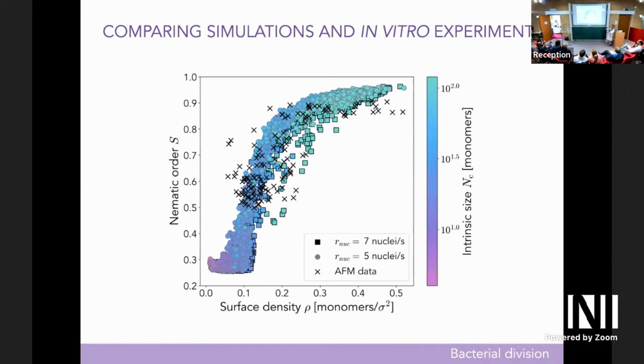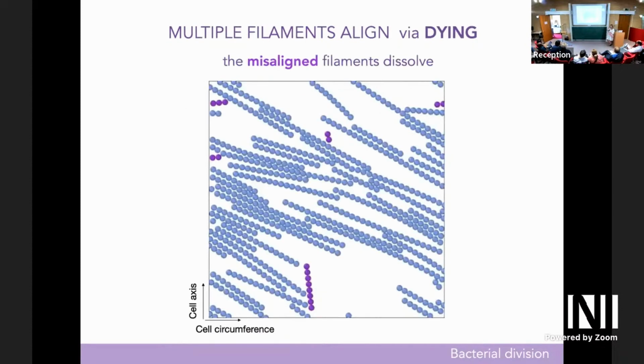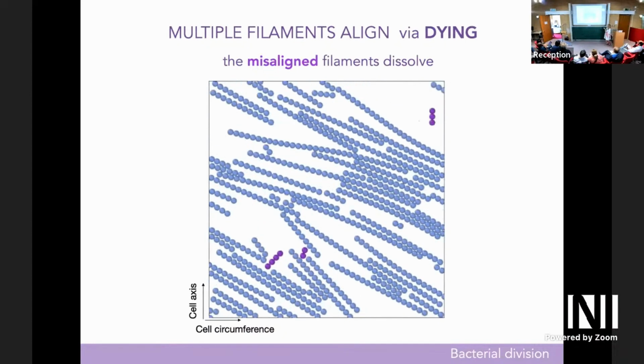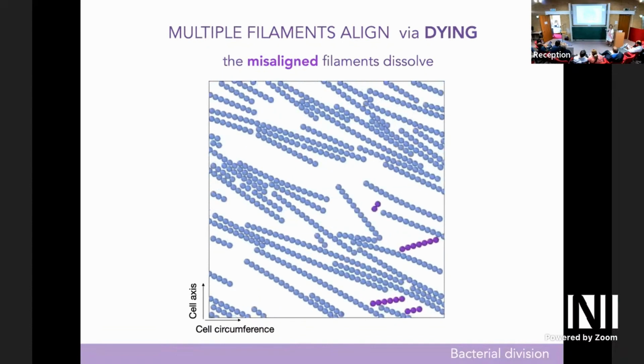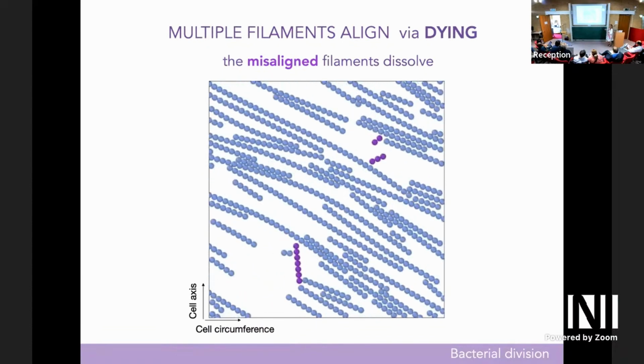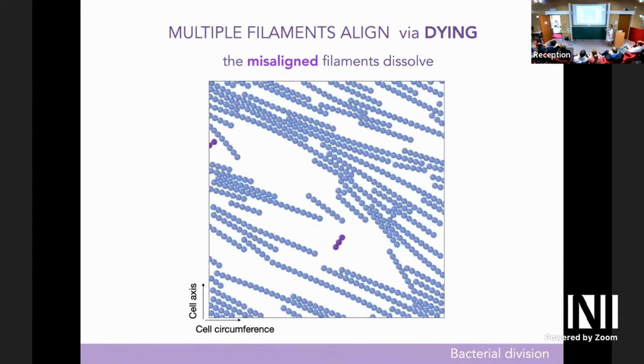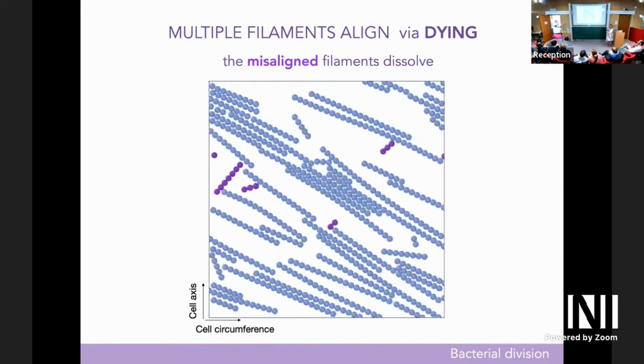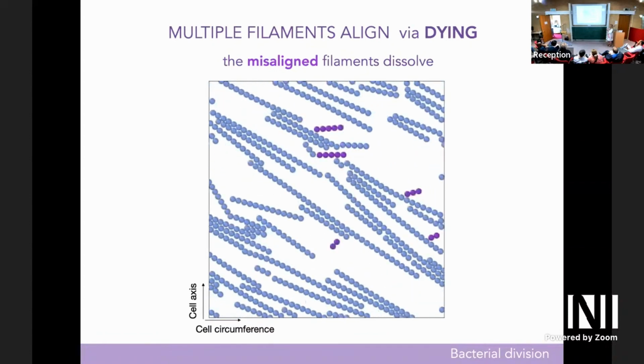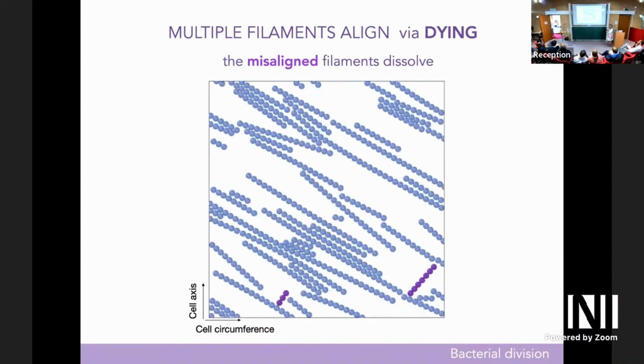And then just to show that we measured the nematic order versus surface density between simulation and AFM data, they follow the same curve. Okay, but the question is, why do they align? It's really by virtue of filament dying, and it is volume exclusion that's key here. What happens is when a filament grows against another filament under an angle, it will not be able to grow because there's no space and they're stiff.